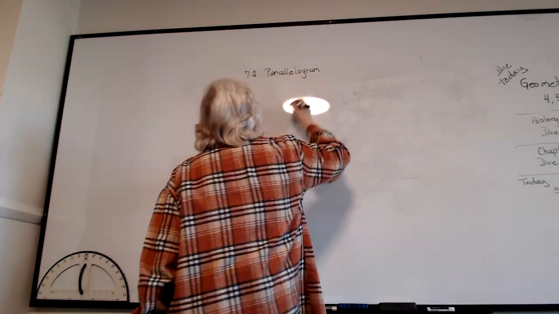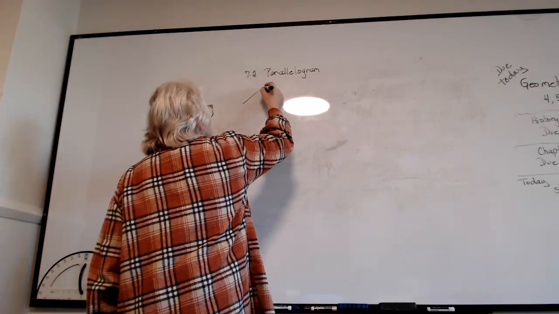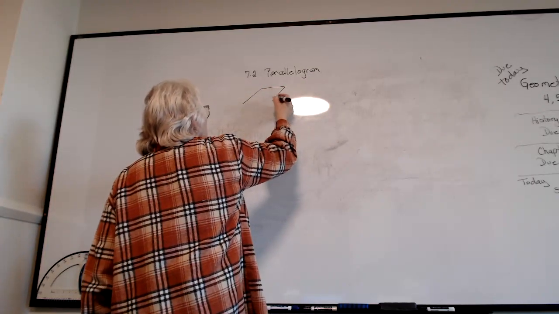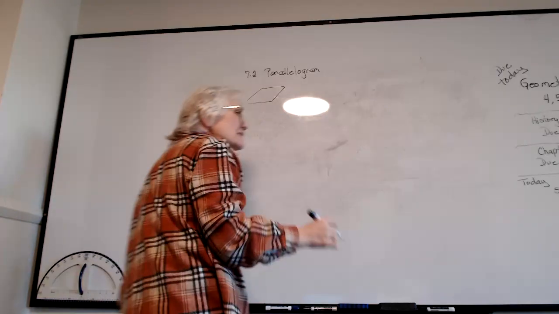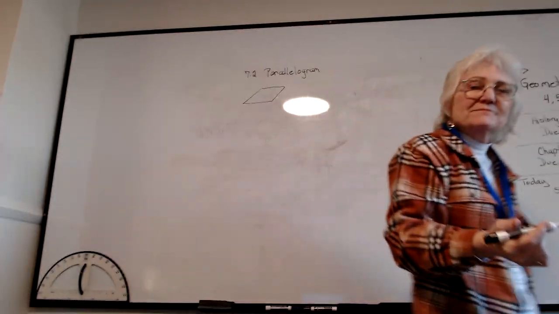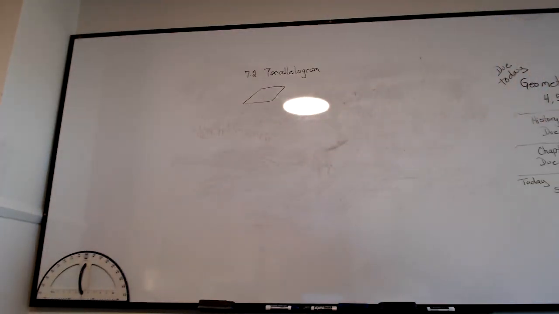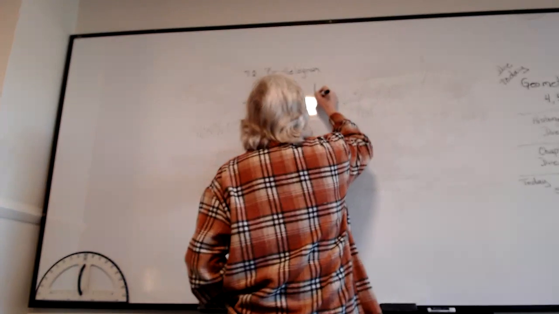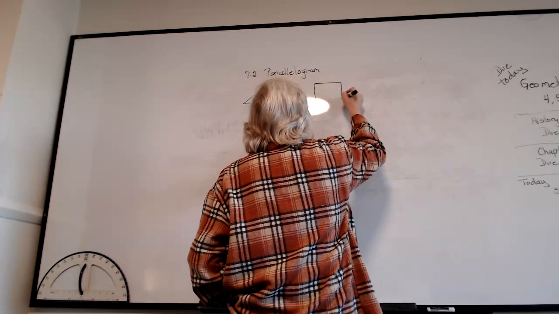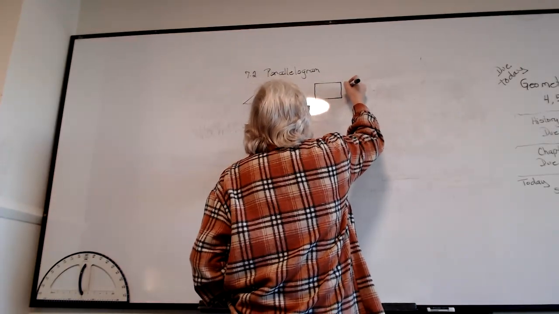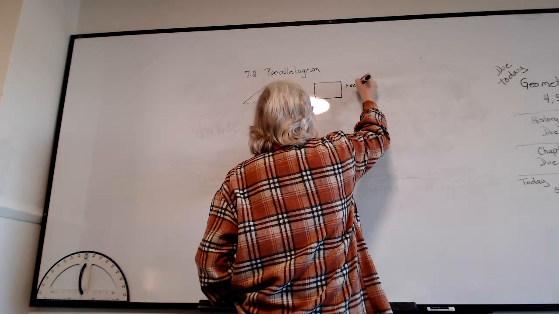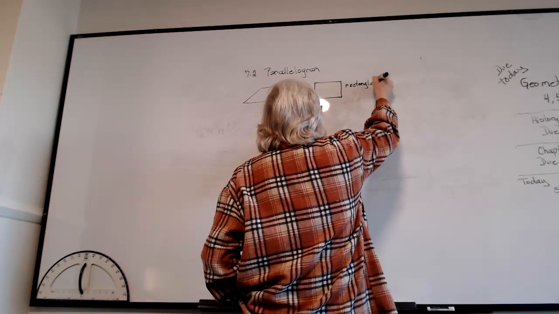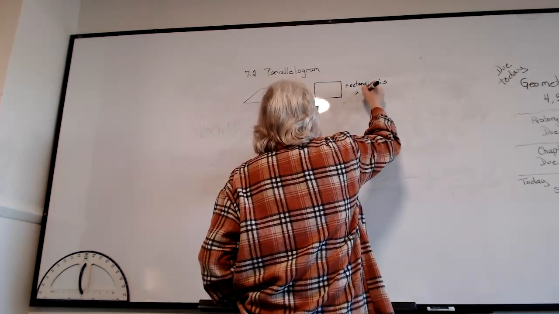Okay, and parallelograms, I call it the slanted. Oh, by the way, a rectangle is a parallelogram because it does have both sides that are parallel to each other. So a rectangle fits as a parallelogram.